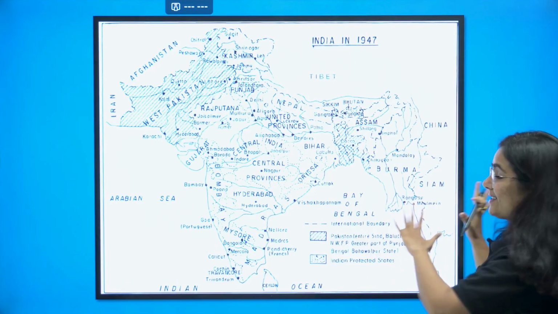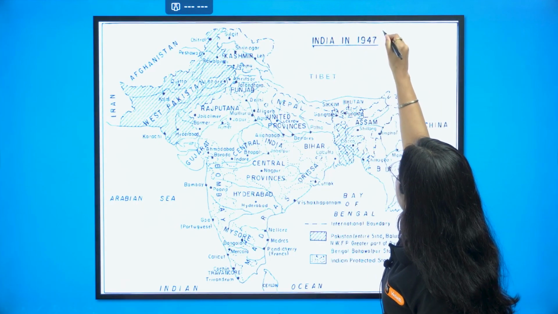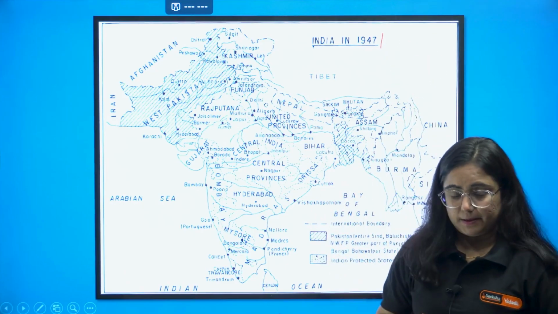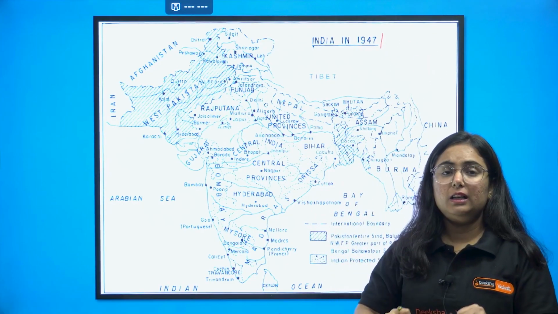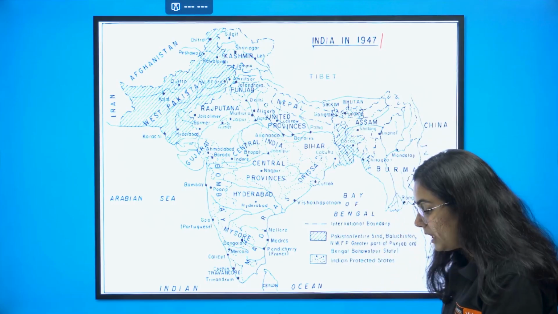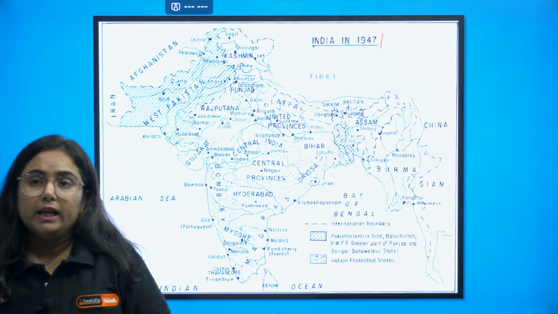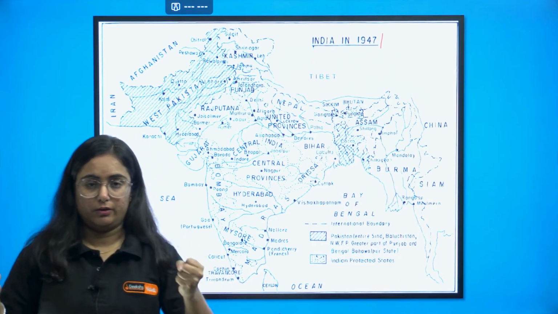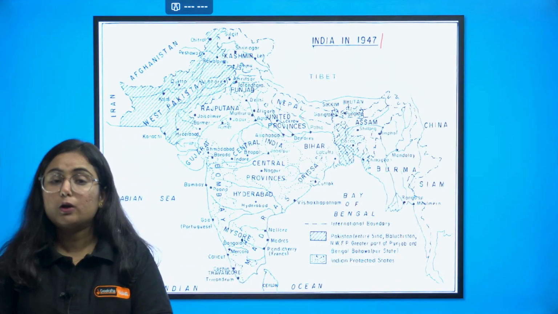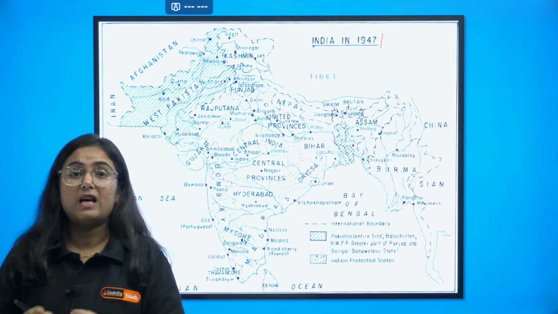Now look at this map. This is the map of India from the year 1947, the map of India after India got independent. What we have to focus on in this map is that India being a diverse nation, it was so challenging for our constitution makers to accommodate this diversity.